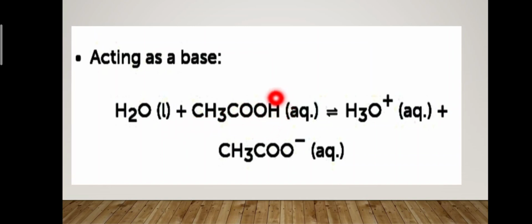After releasing the proton, acetic acid converts into acetate ion and the water molecule converts into hydronium ion, that is H3O positive. Because the water molecule accepts the proton of an acid, in this reaction it acts as a base.